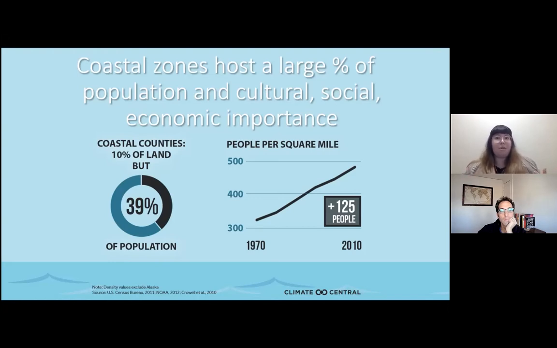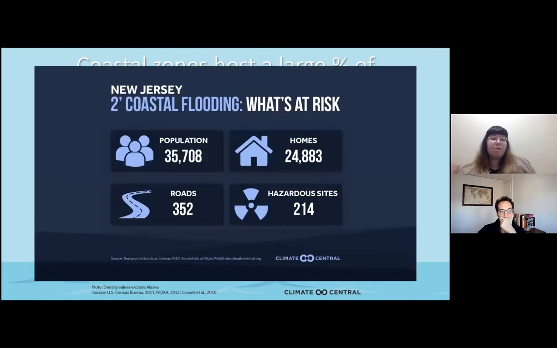Because of this, there's also a lot of cultural, social, and economic importance due to these large communities in our coastal zones. For New Jersey specifically, even under 2 feet of coastal flooding, which is already reached from nuisance flooding and storms, you have over 35,000 people exposed, over 24,000 homes, and of course, other infrastructure like roadways, hazardous sites, and so on.